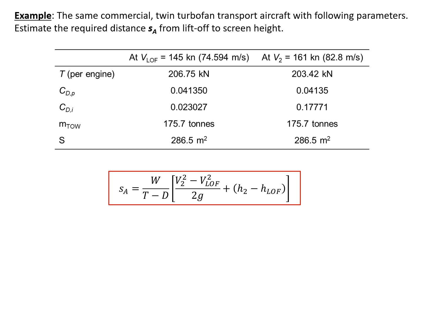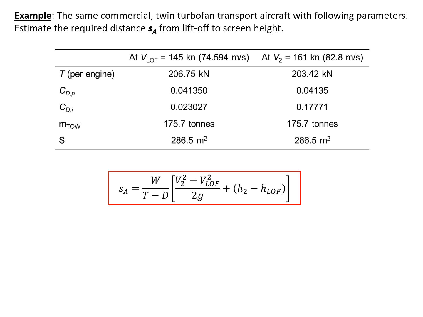So at V liftoff, at the liftoff point, the thrust per engine is 260.75 kilonewton, and at screen height, which is V2, the thrust is reduced a little bit. It becomes 203.42 kilonewton. And also we can see the liftoff speed is 145 knot, and at screen height is 161 knot.